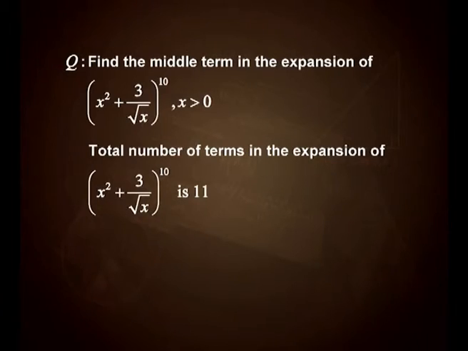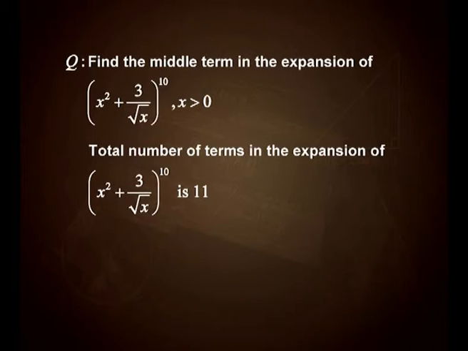So, here the focus is on first identifying which term would be the middle term of this expansion. If you notice, the index of the expansion is 10. How many terms are there in the expansion? Not 10, 11, right? One more always than the index. So, what would be the position of the middle term?